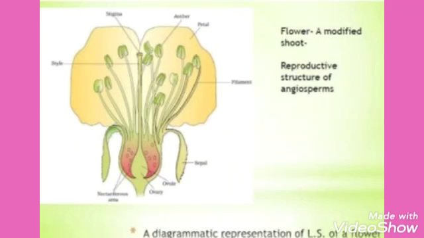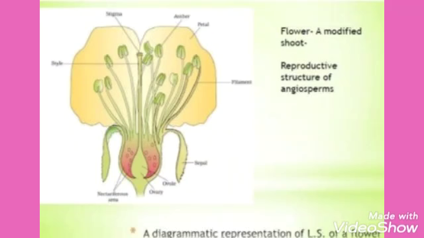Wall layers of anthers: epidermis, endothecium, middle layers, and tapetum. Epidermis is a single layer of cells and protective in function, while endothecium is a single layer with thickened walls. Cells have a cellulose thickening with a little pectin and lignin. It helps in anther dehiscence.